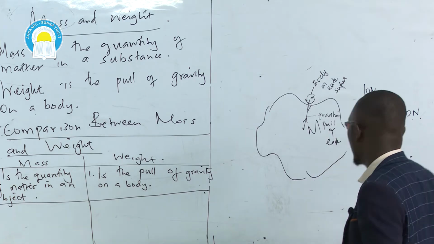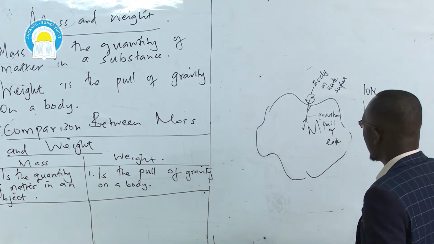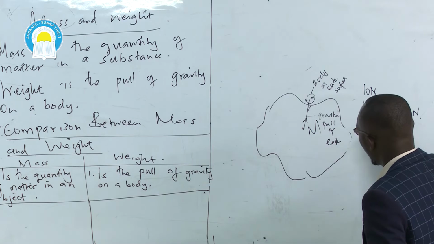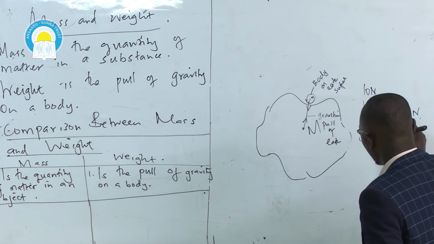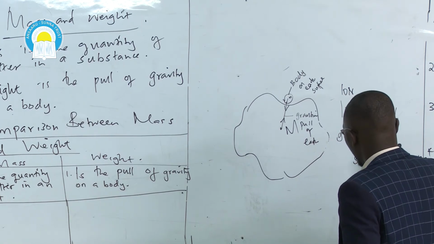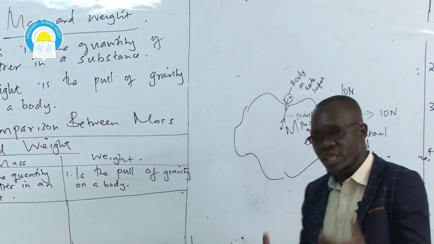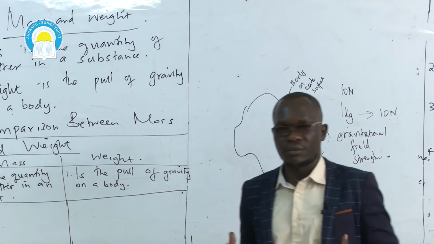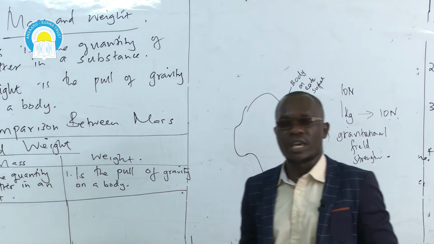And for that matter, it means that there is what we call gravitational field strength. Gravitational field strength is the strength of the Earth's gravity pulling any object on the Earth's surface.